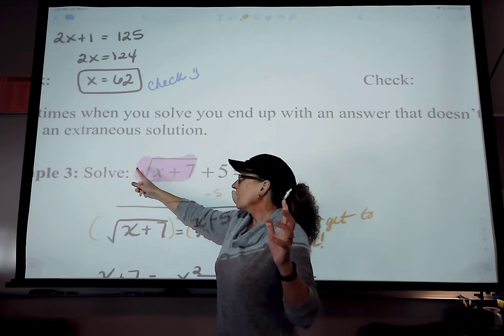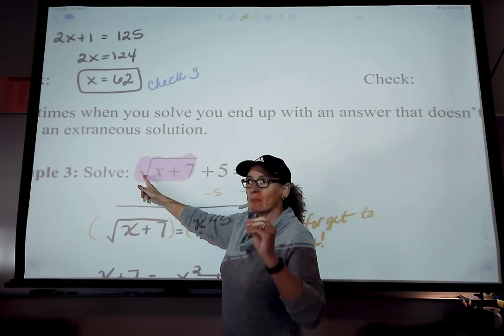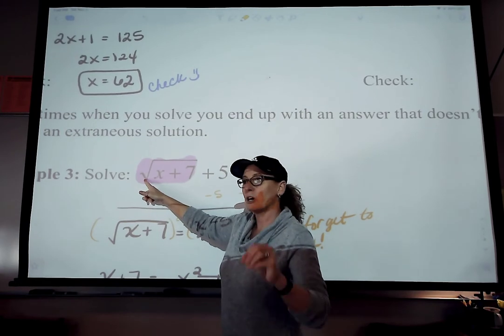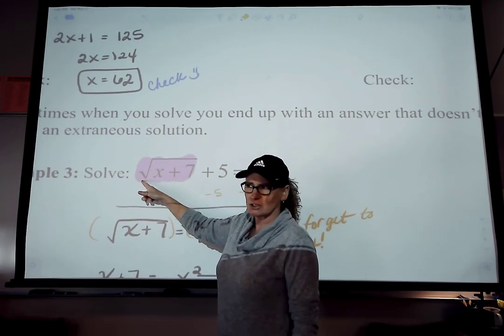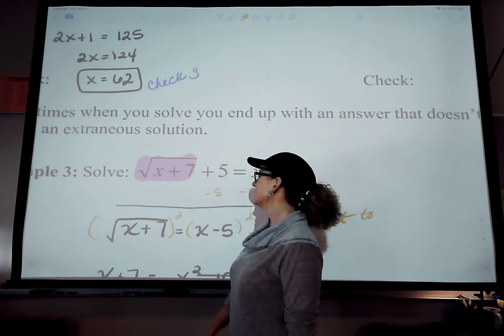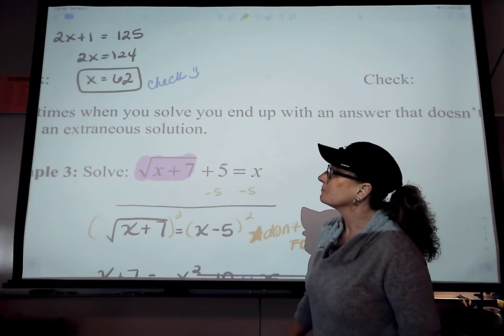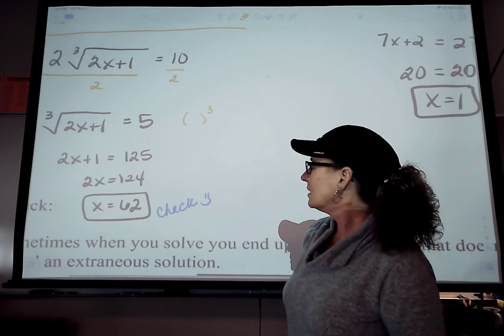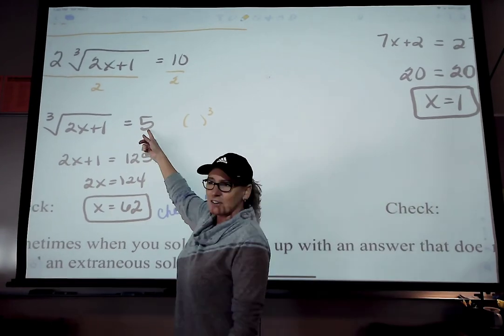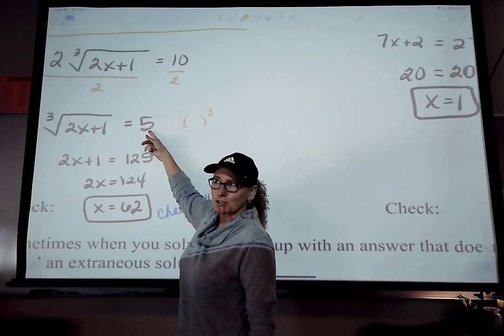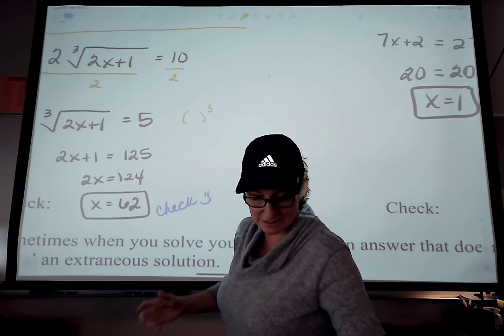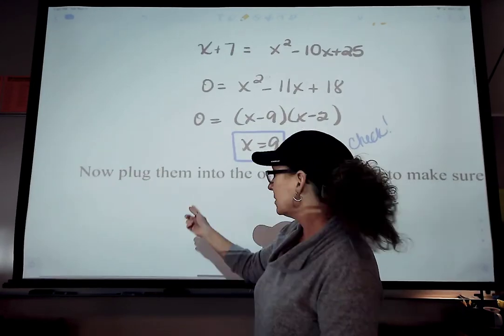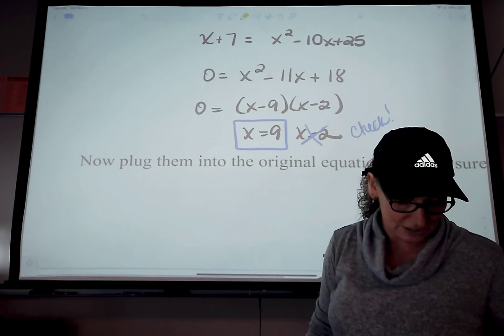So this radical represents the positive root only, not the negative root. How do I know it's not negative? Because there's no negative sign in front of it. How do I know that this 5 isn't negative? Because there's no negative sign in front of it, right? So that's our indication that it's positive only. So anyway, turns out 9 is the only one that works in that equation.